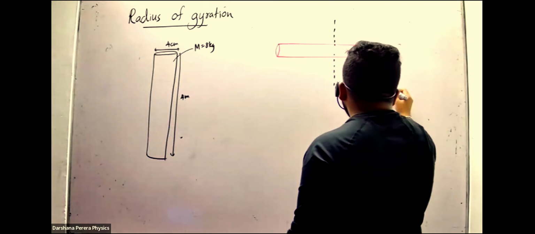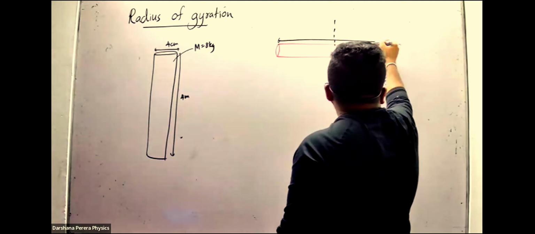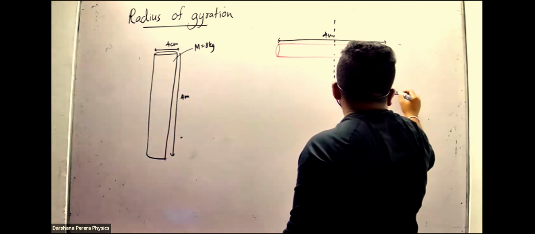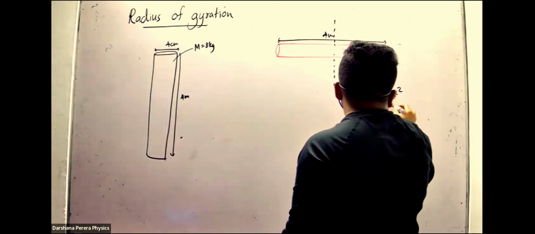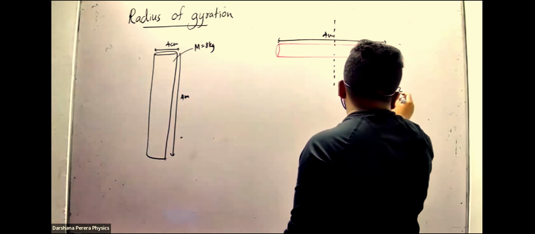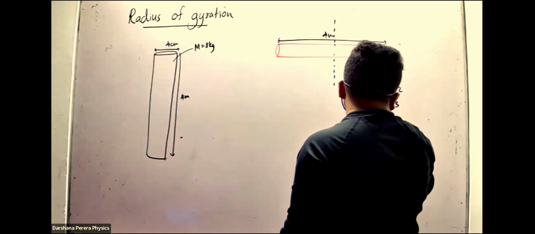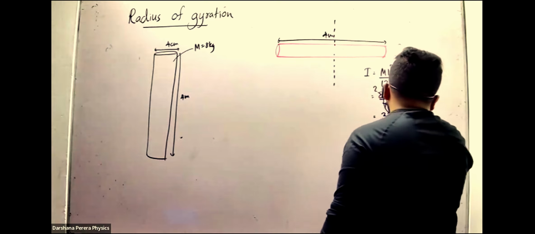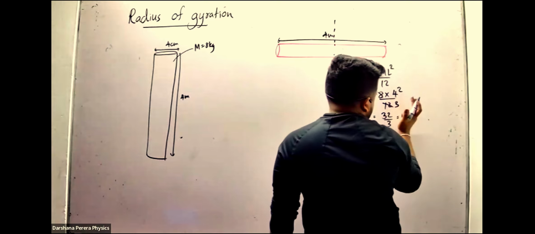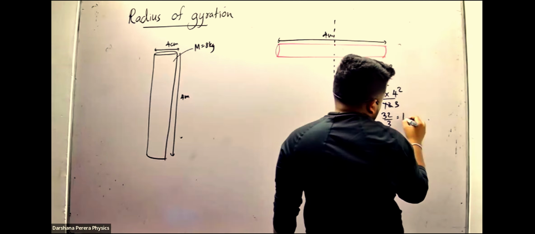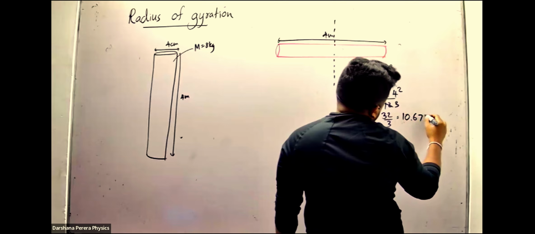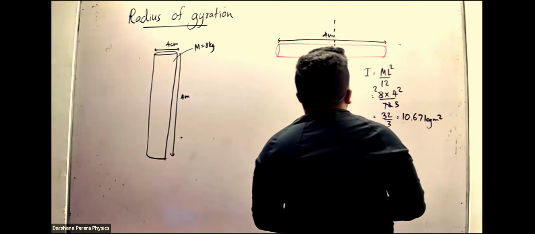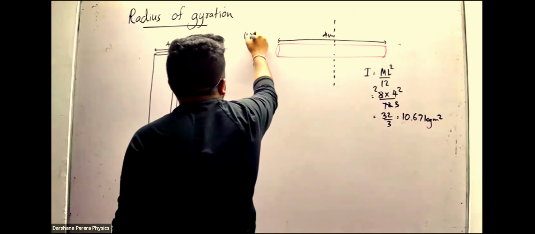L is the length, that means 4 meter. 8 into 16 over 12, that is 32 over 3, that means 10.67 kg m square. Number 1, like this.